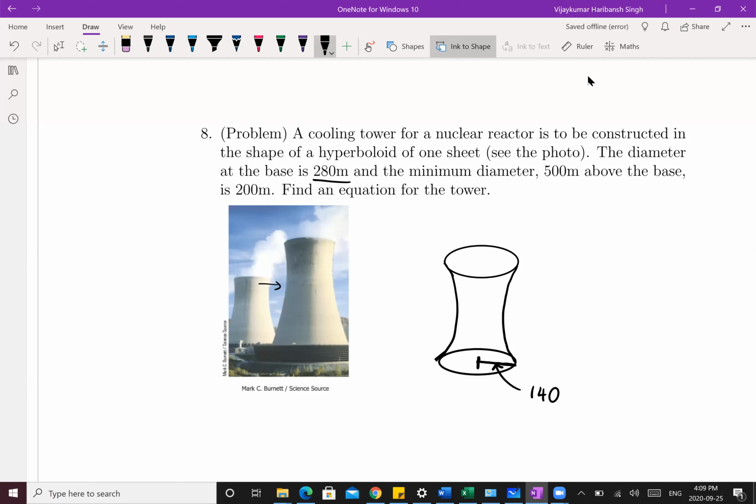So the minimum diameter is somewhere here, and the height from this part to this part is 500. The radius for this is, since the diameter is 200, 100. And now we want to find the equation of this hyperboloid.